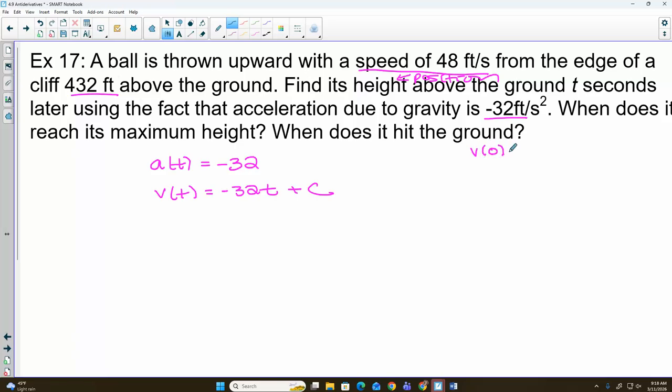That was our starting speed, or our starting velocity, was 48. So if we plug that in, that means the c value is 48.